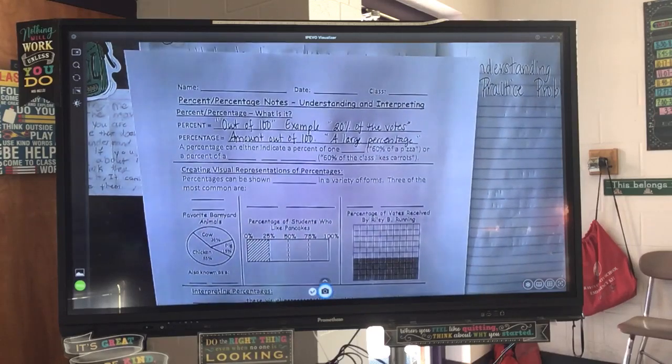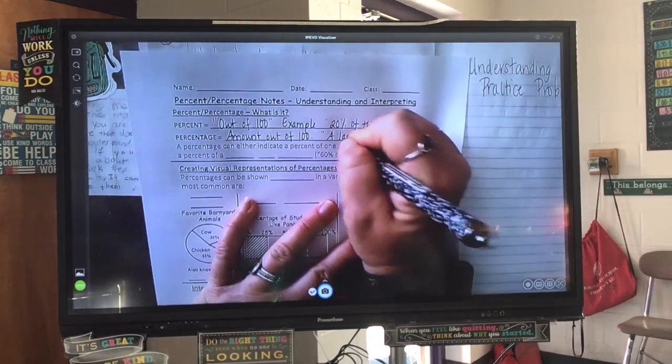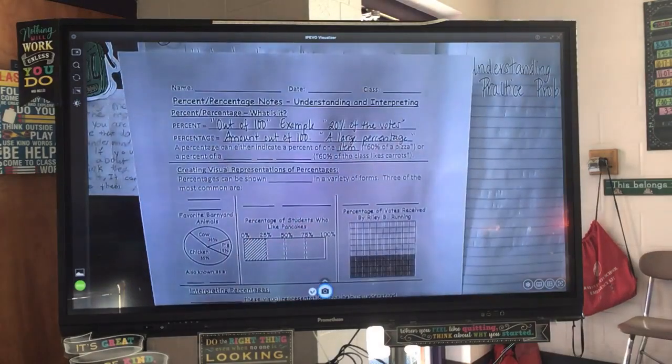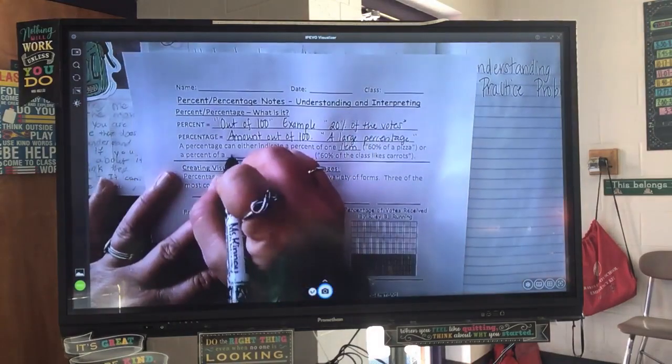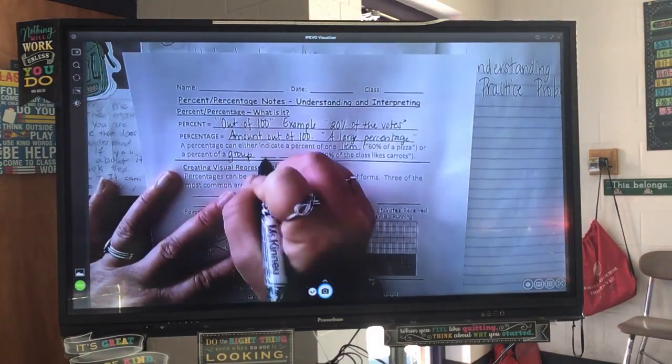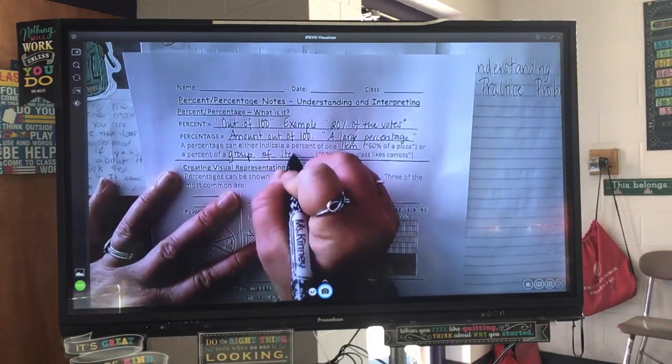A percentage can be indicated as a percent of one item. In the example they gave you, 60% off of a pizza, or a percent of a group of items.